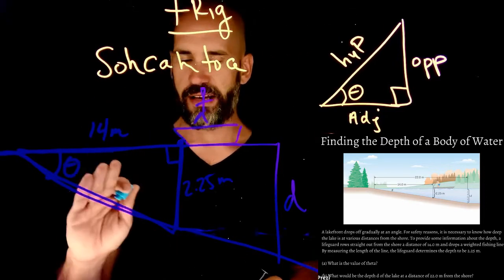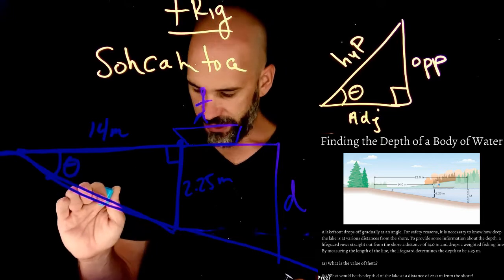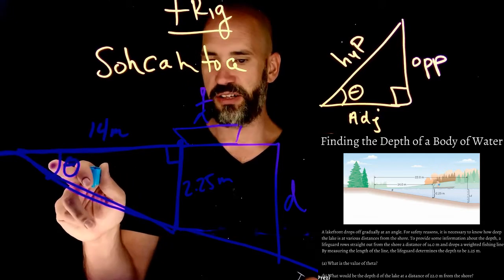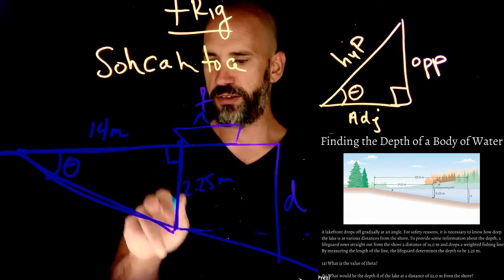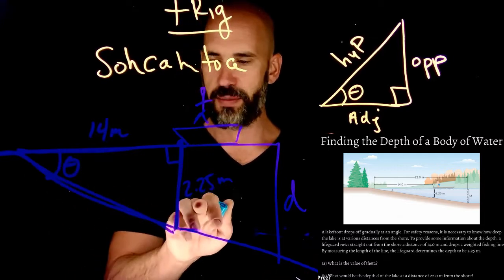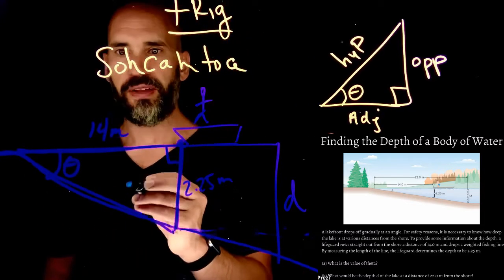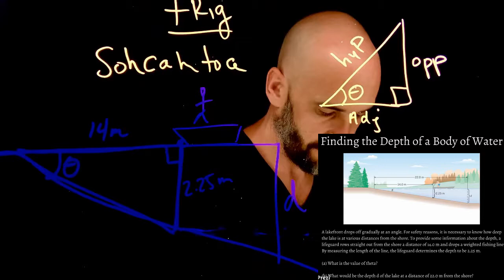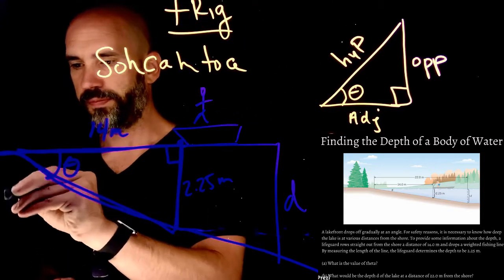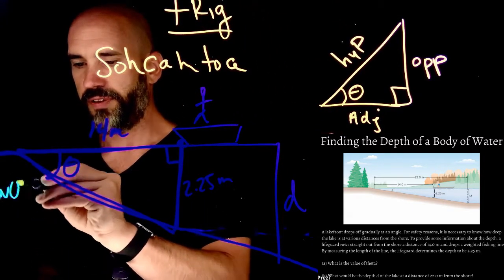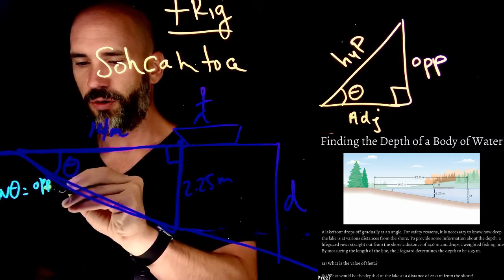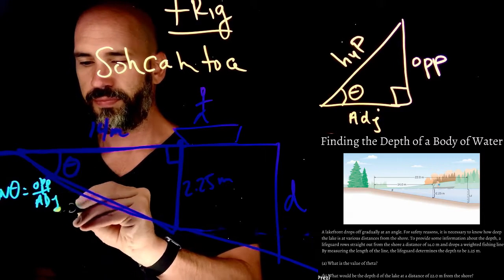So if I want to find this angle, then I'm simply going to use the tangent, opposite over adjacent, right? This is my hypotenuse. This is opposite. This is adjacent. So I know that tan theta is equal to opposite over adjacent, right?